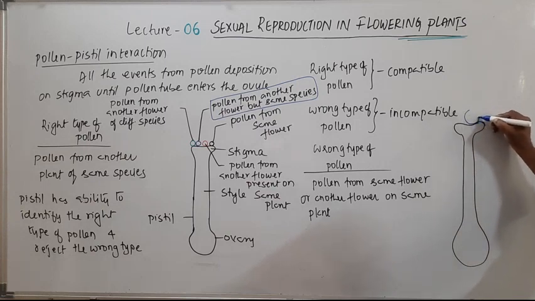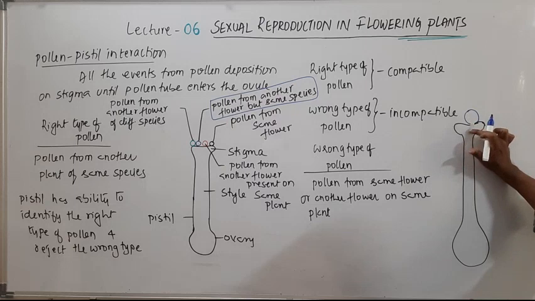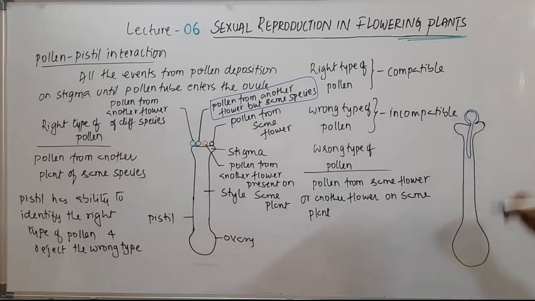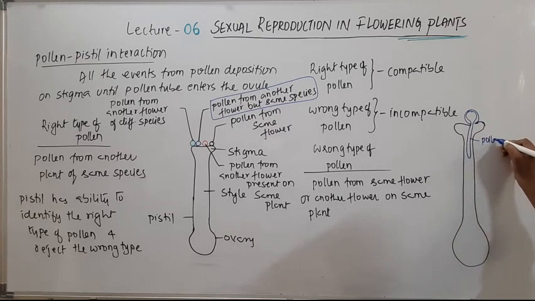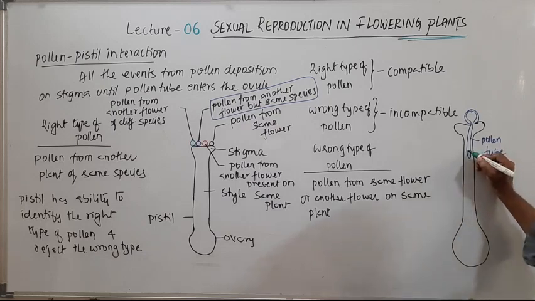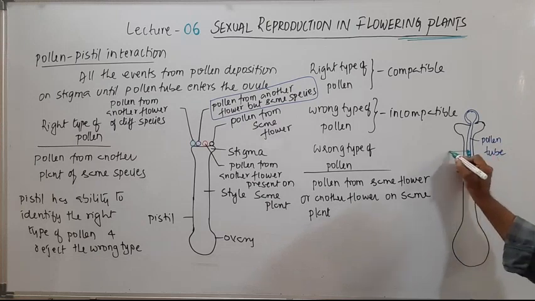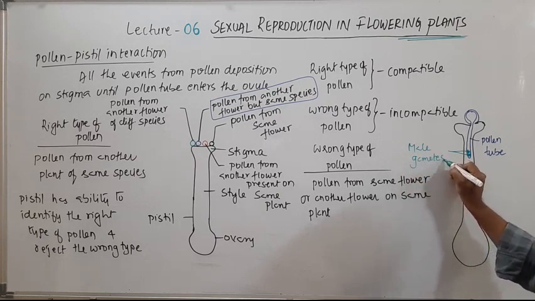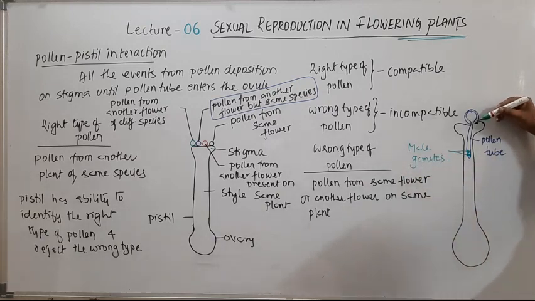So here this is the pollen grain, and through one of the germ pores, the vegetative cell results in the formation of the pollen tube. And you can see this is the pollen tube, and that pollen tube is going to carry the male gametes. So here these are the male gametes. The emergence of that pollen tube from the pollen grain is what we call the pollen germination.